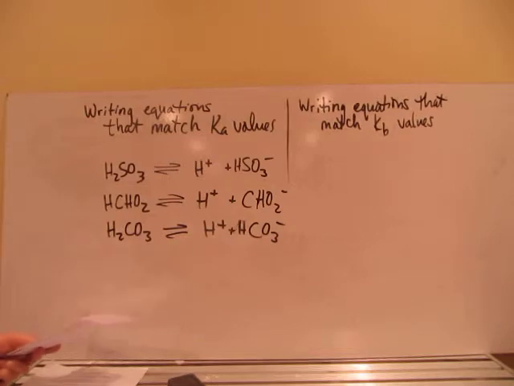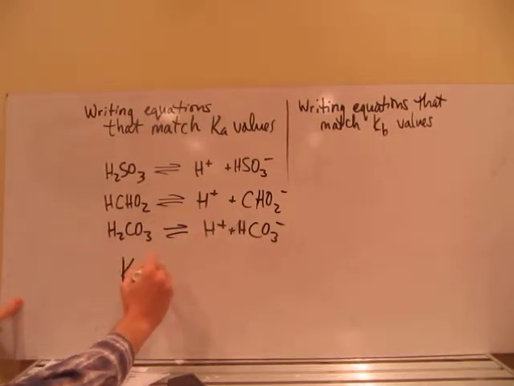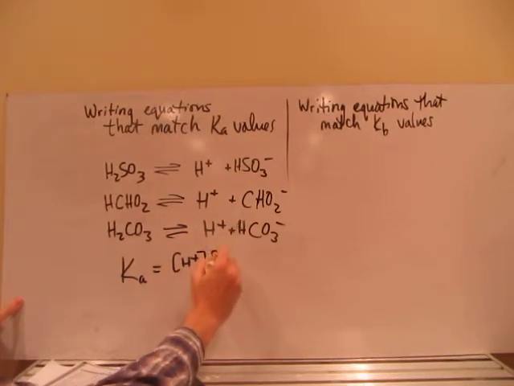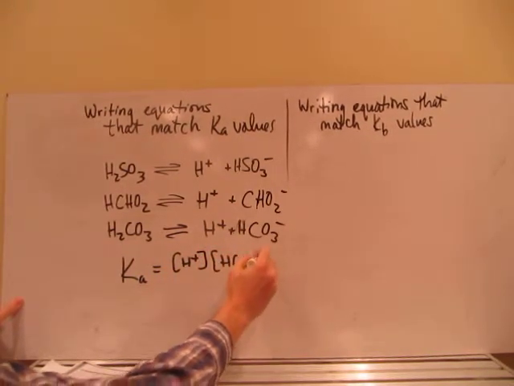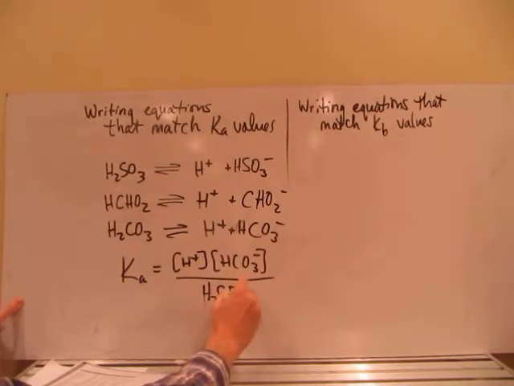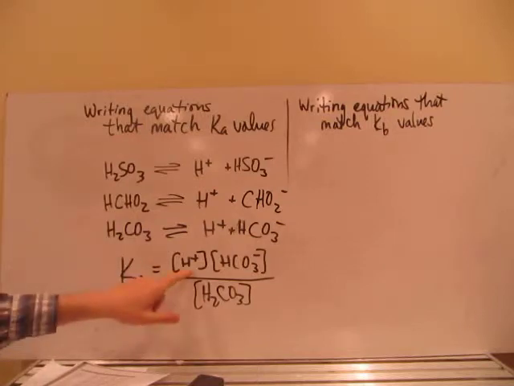Then you need to be able to write the expression. So we'd write something like Ka equals... you get that. So every Ka expression that you're going to write is going to have H plus in it.